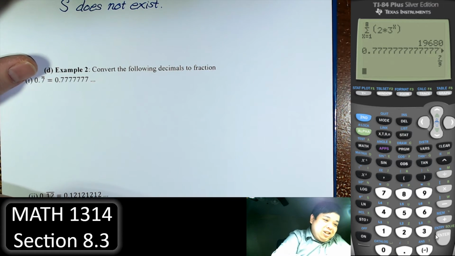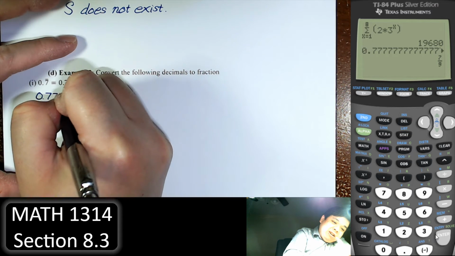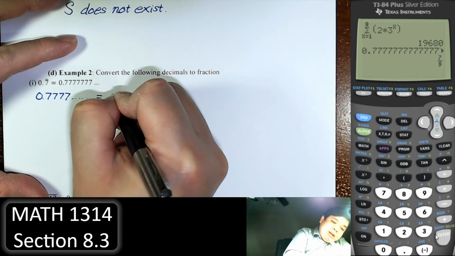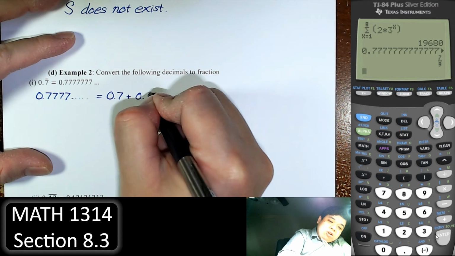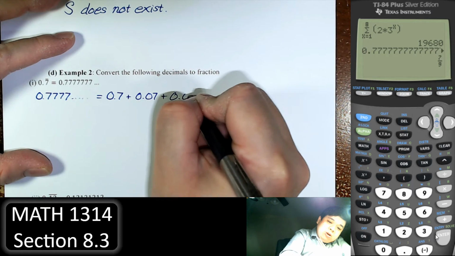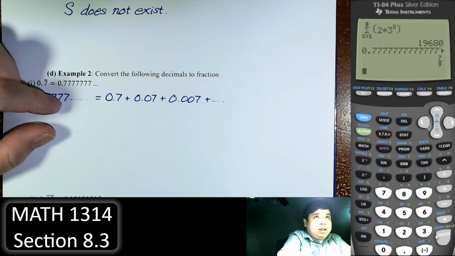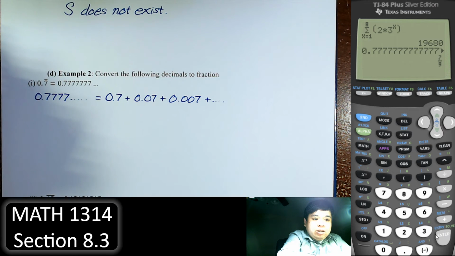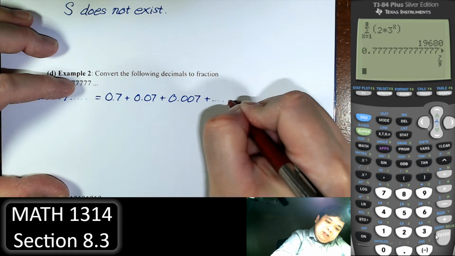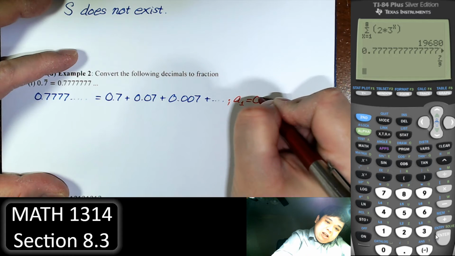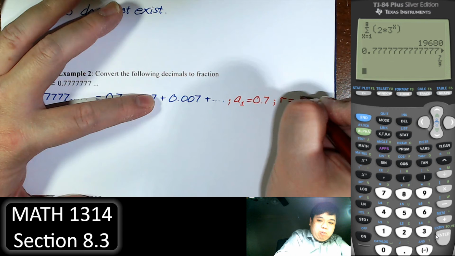But let's write out 0.777... If I write it as 0.7 plus 0.07 plus 0.007, that certainly is a geometric sequence where the first term is 0.7. The common ratio is 0.1.